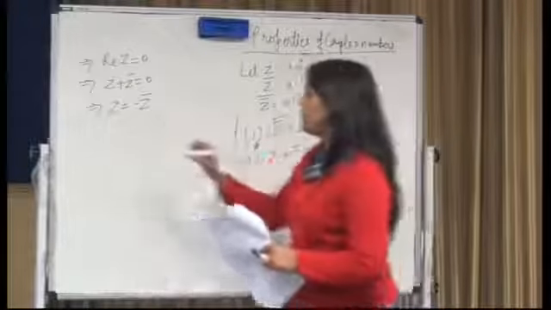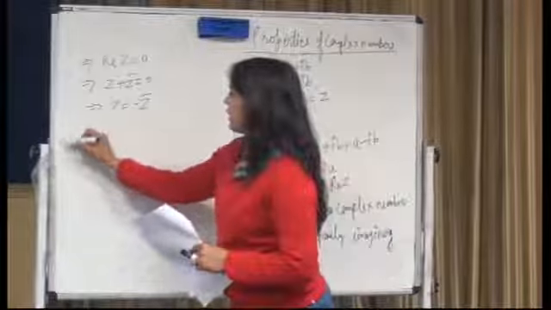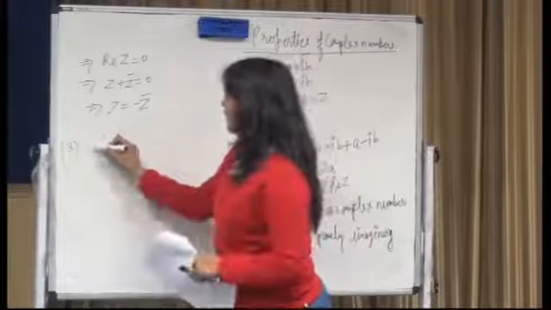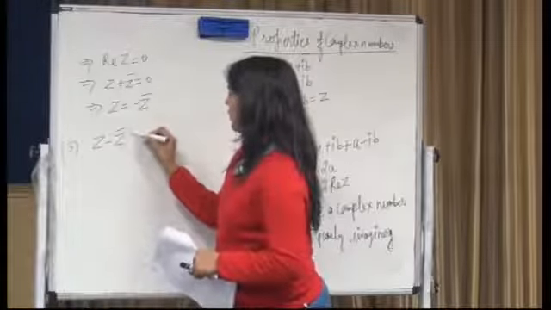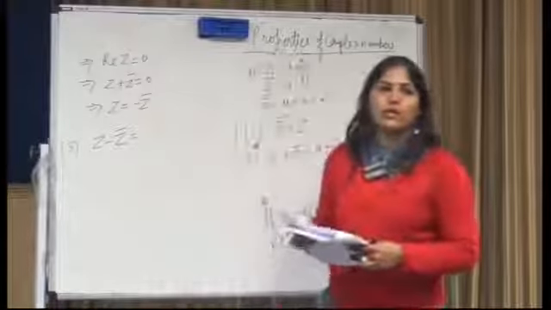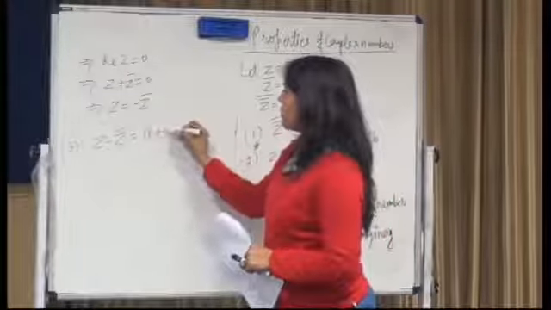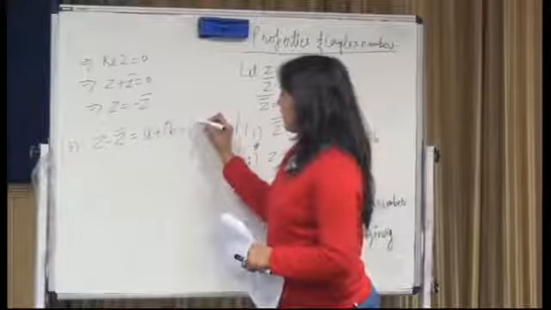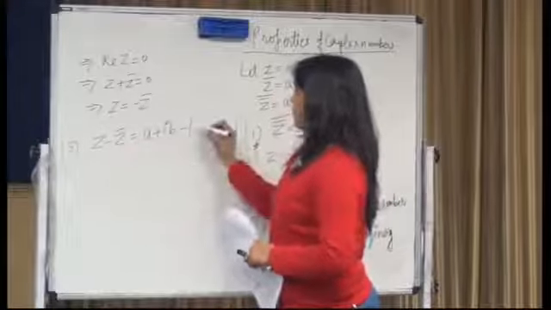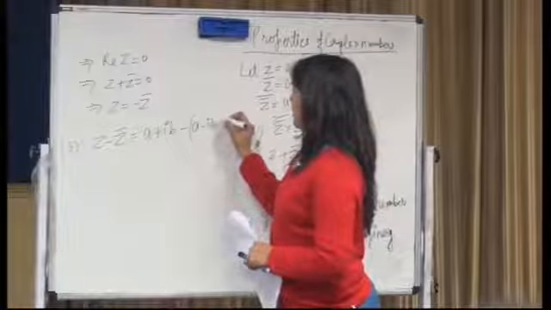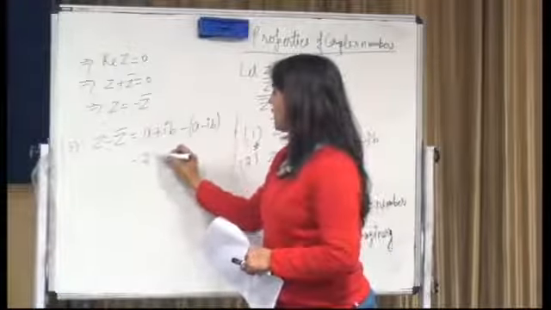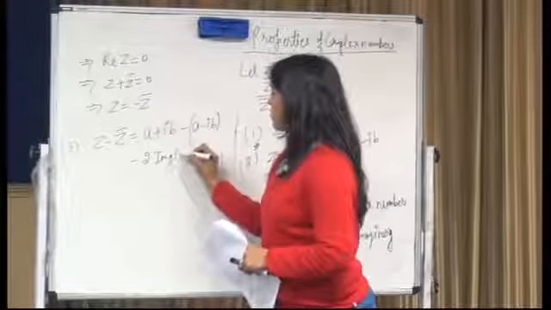Come to the next property, again an important one. So z minus z bar will be what? Quickly you can calculate: it will be twice the imaginary part of z.